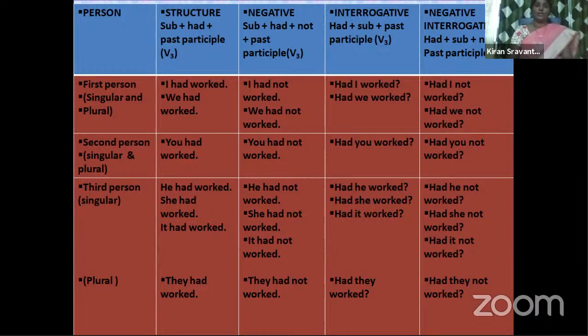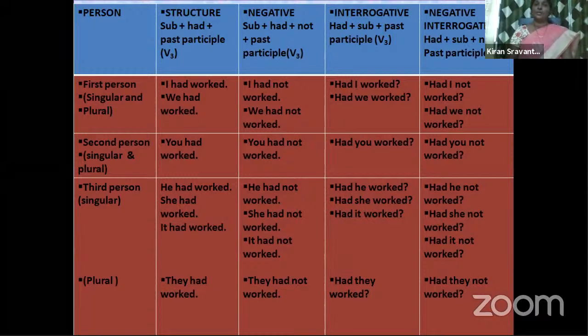I had worked. What is first person plural? We had worked. Then second person, you had worked. See, had plus V3. Coming to the third person, he had worked, she had worked, it had worked, and third person plural, they had worked.